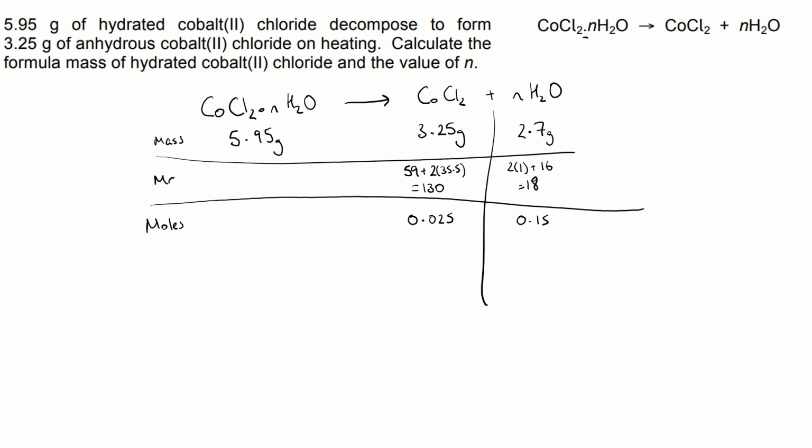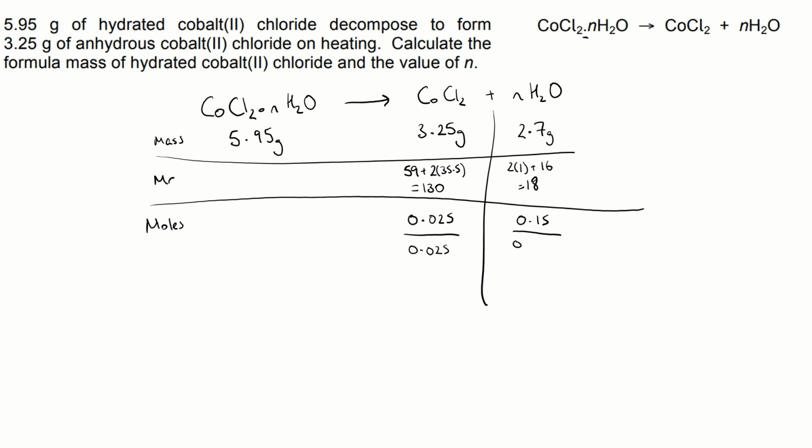Now, when we're at this point, we need to work out the ratio of cobalt chloride to water. And so the way we're going to do that is by getting these two moles numbers as whole numbers. So we need to work out what 0.025 to 0.15 is. And the way we're going to do that is just by dividing by the smallest number. So the smallest number out of these two is 0.025.